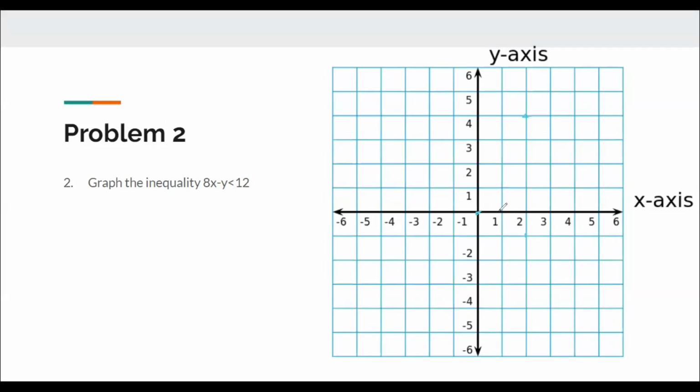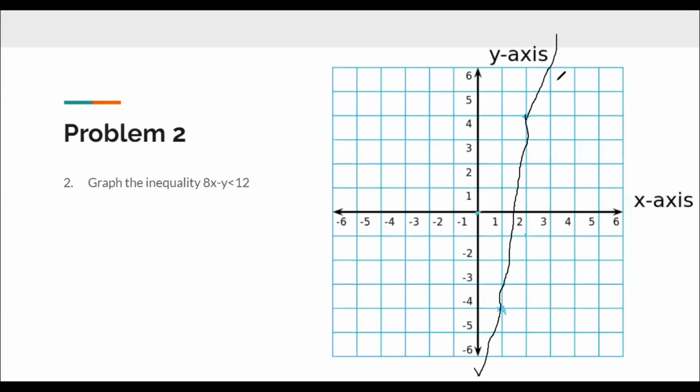And then another point that would work is 1 comma negative 4. Yeah, so then we connect the line. Wait. That is not how the line's supposed to look.